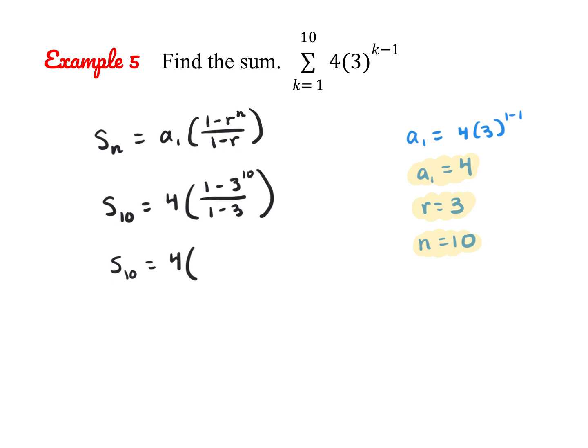So here we have 4 times, if you do 1 minus 3 to the power of 10, you get negative 59,048, and then divide it by negative 2. And then you're going to multiply that result by 4. And so we get that the sum of the first 10 terms is 118,096.